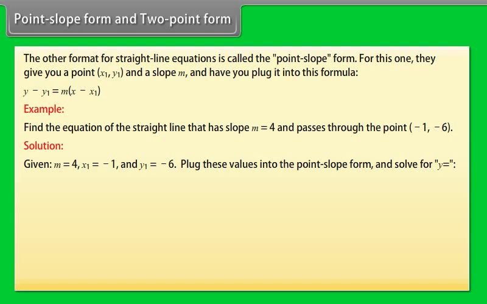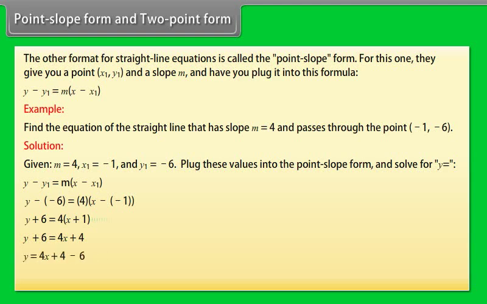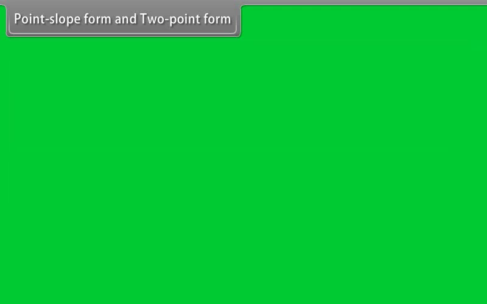Plug these values into the point slope form, y minus y1 is equal to m into x minus x1. Substitute the values in the above equation and on solving for y we get y is equal to 4x minus 2, which is the required equation.